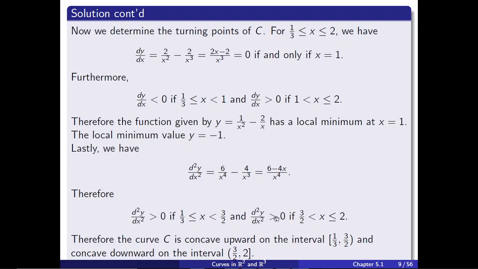One of the signs here should change, right? And therefore if we do that, you find out that the curve is concave upward between a third and 3 over 2, and concave downward on the interval 3 over 2 to 2.